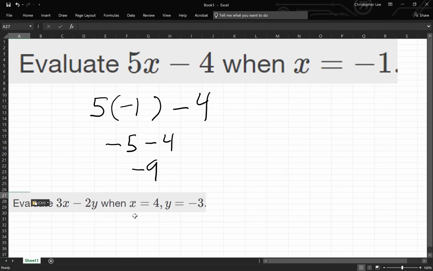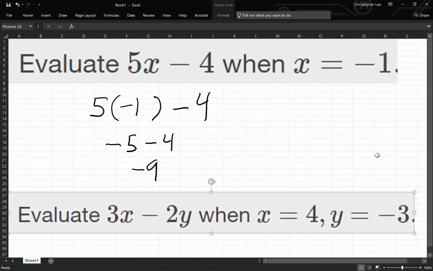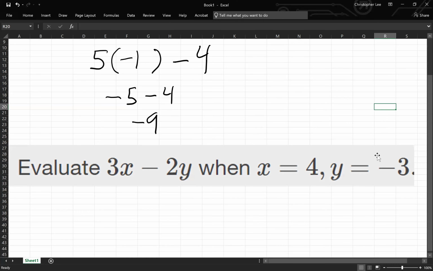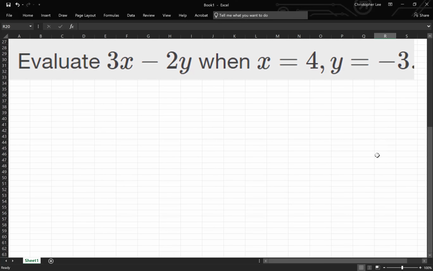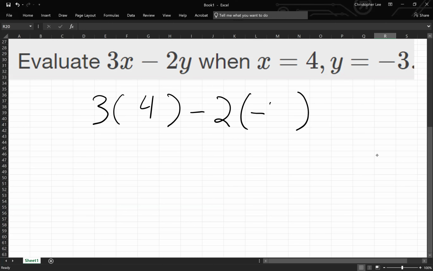All right, a little bit more complicated. Tell me how to do this. I have 3x minus 2y when x is equal to 4 and y is equal to -3. I'm going to substitute that. So I have 3 times what? Good. And then what do I put next to the 2? Perfect.